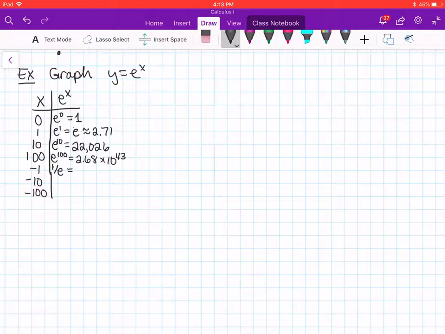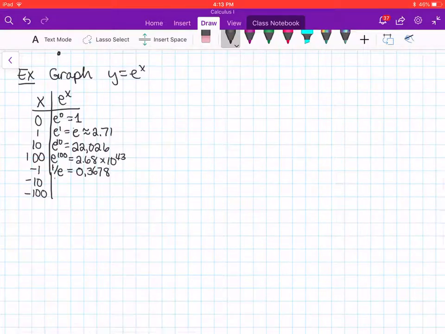I got 0.3678. So smaller than 1. If we got e to the -10, which is 1 over e to the 10, that's going to equal 0.00045. Keeps on going. And then so on and so forth.